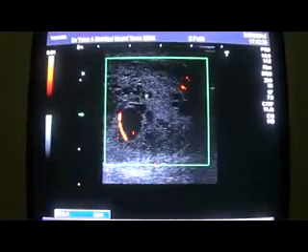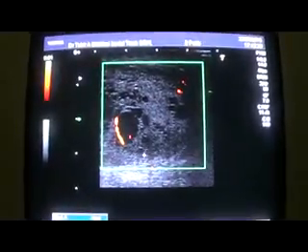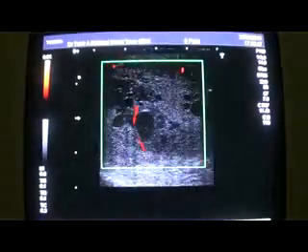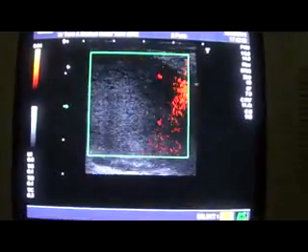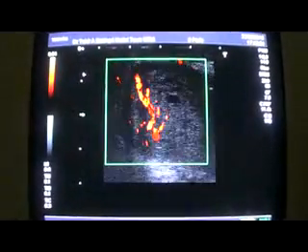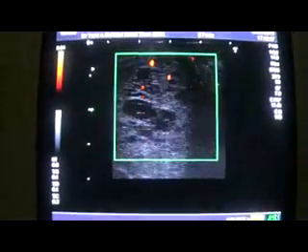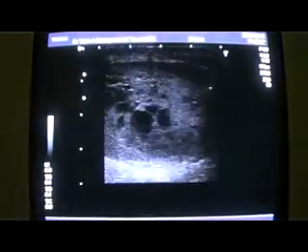Now note that the vessels do not cross the cystic areas. They are at the border, coursing around the border of the cystic areas.